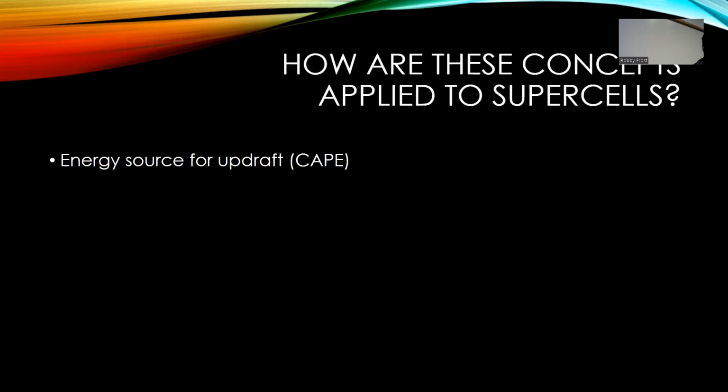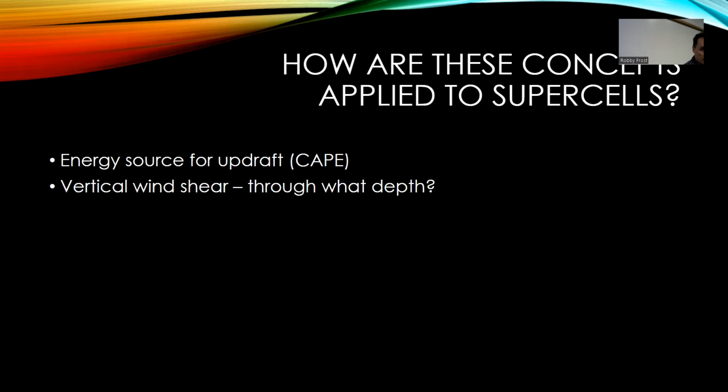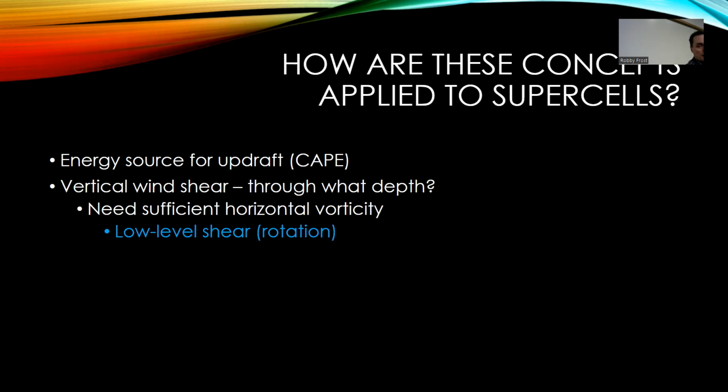Okay. So I'll go through this fairly quickly because it's already been mentioned. I'm not really saying anything new. We've got to consider the energy source for the storm. We've got to consider what depth. Harry and Cameron were talking about early on what depth we're looking at. I'll show you where that came from. And then we've got to have enough vorticity to tilt and stretch to get a rotating updraft.